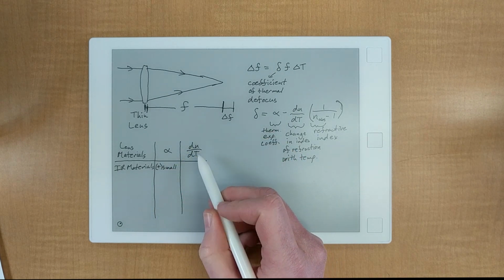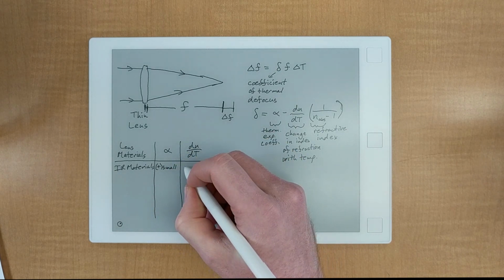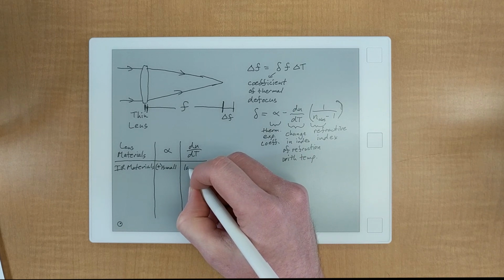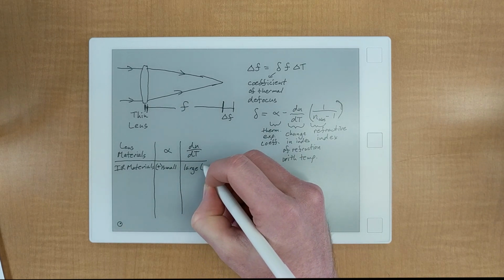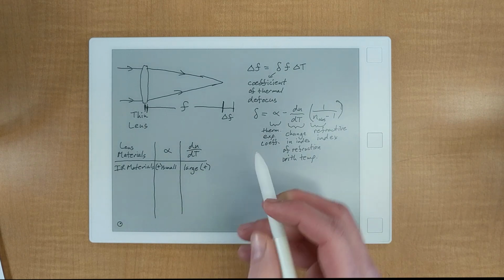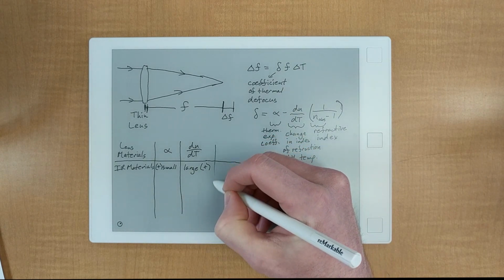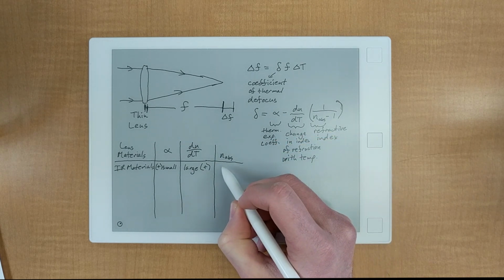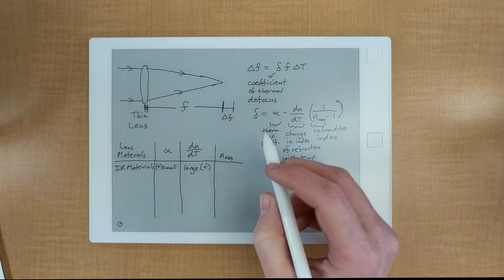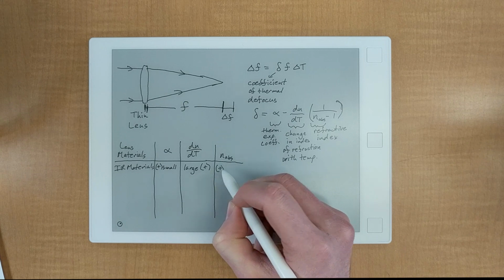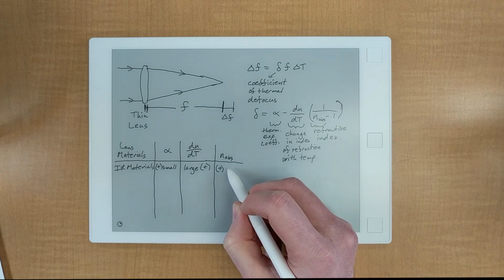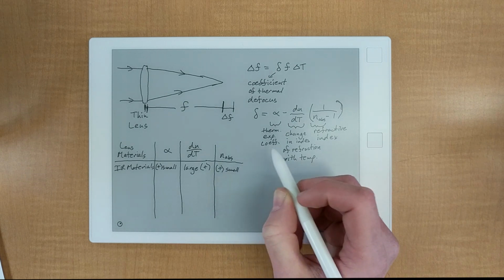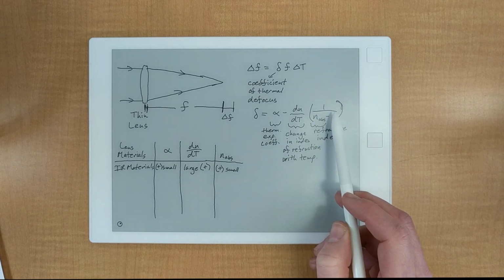But the change in index of refraction with temperature is very large, and it is also positive. And let's not leave out the index of refraction. Typically the index of refraction, well, it always will be positive, but it'll be fairly small in comparison. So this term will be quite small.